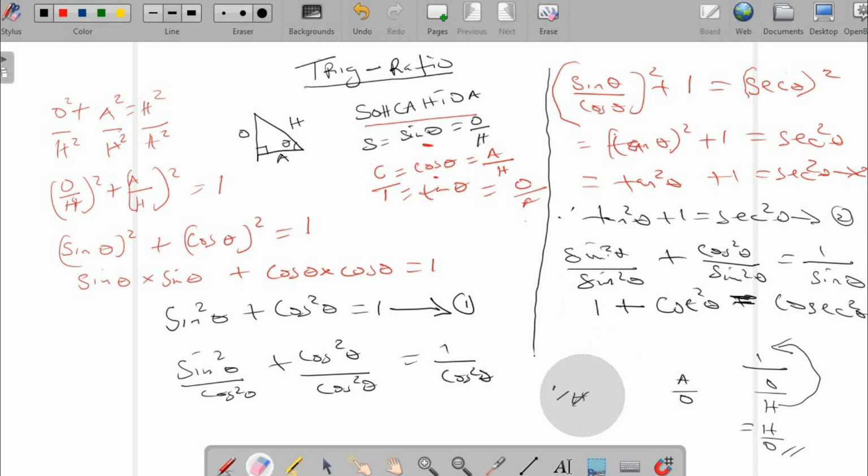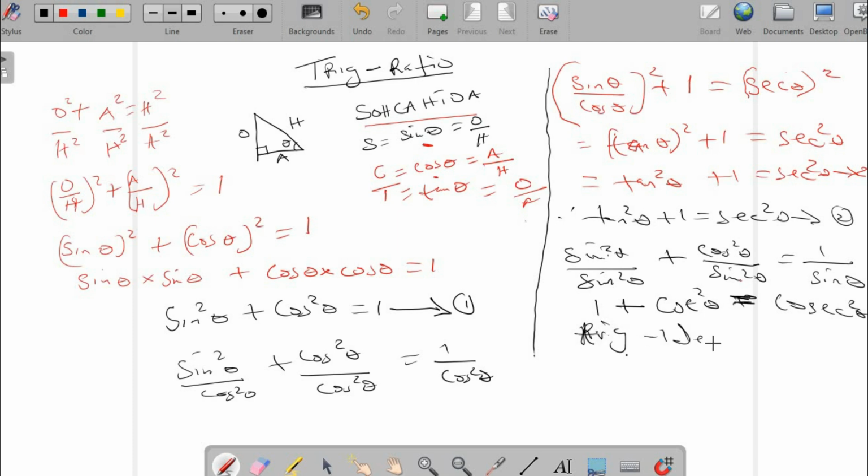Therefore at the end of the day, this is how we got the identities. The trig identities are: first, sine squared theta plus cos squared theta is equal to 1.